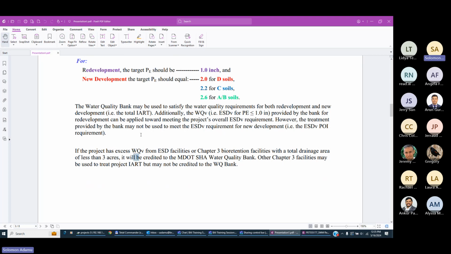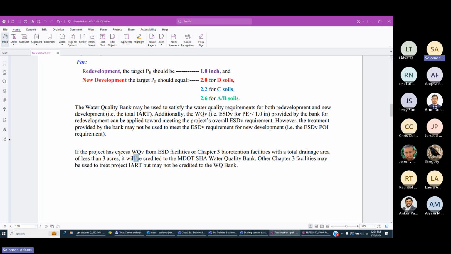This I took from the PRD guideline. It says, if the project has excess water quality volume from an ESD facility, or if we use the so-called Chapter 3 practices, which are not microscale practices, with a total drainage area less than 3 acres, specifically bioretention, then it will be credited to the MDOT SHA Water Quality Bank.